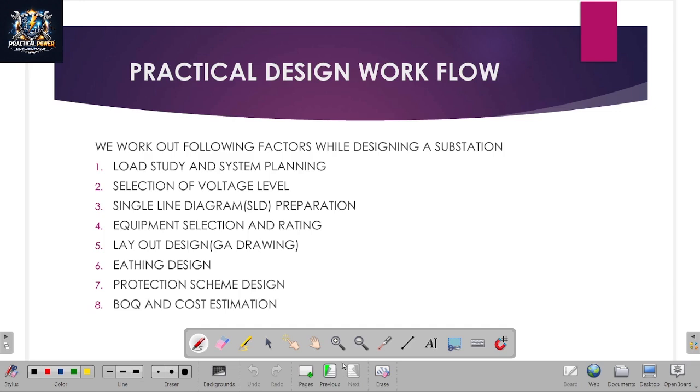So these are the basics for introduction to the substation design. In later classes, we'll go for a detailed study of the design parameters, design calculations, design of earthing, design for protection system, protection coordination.